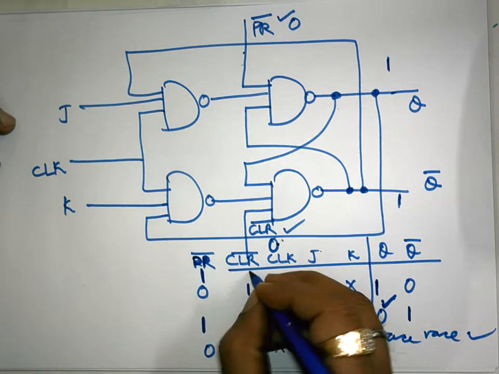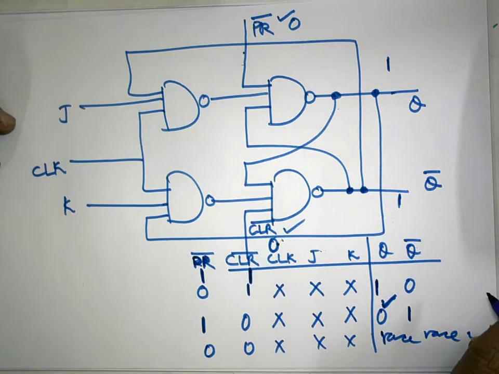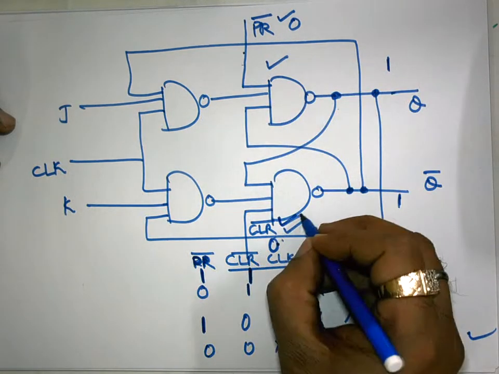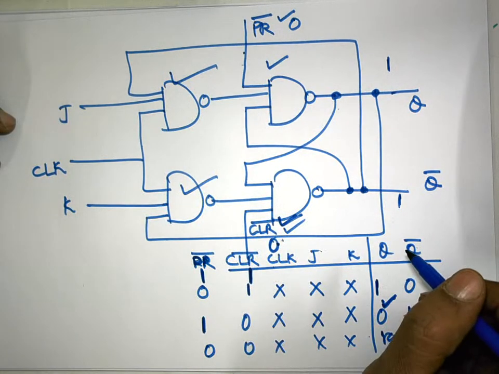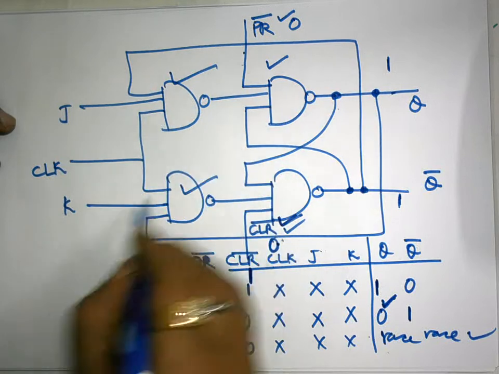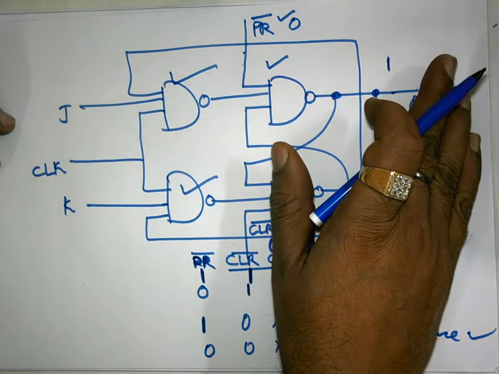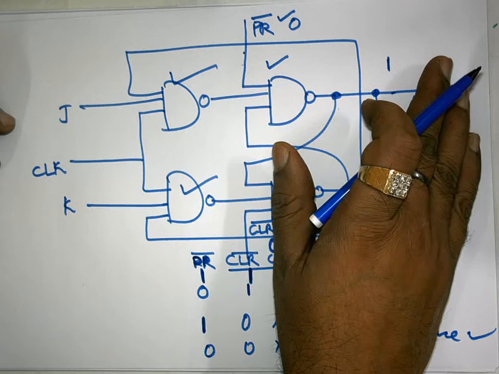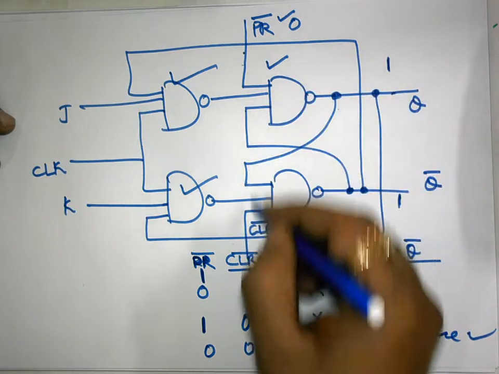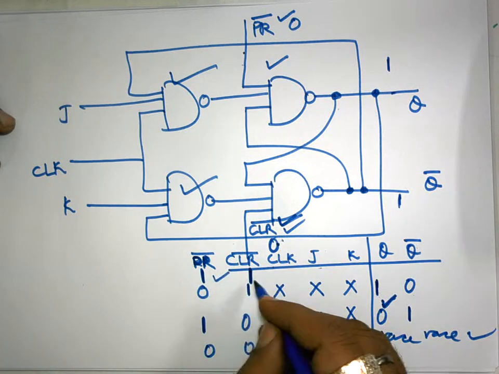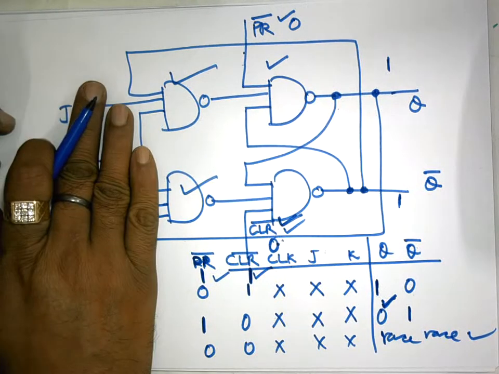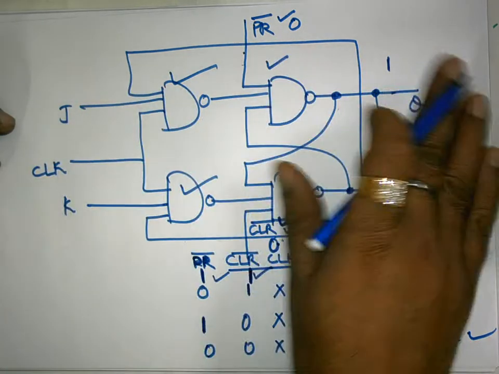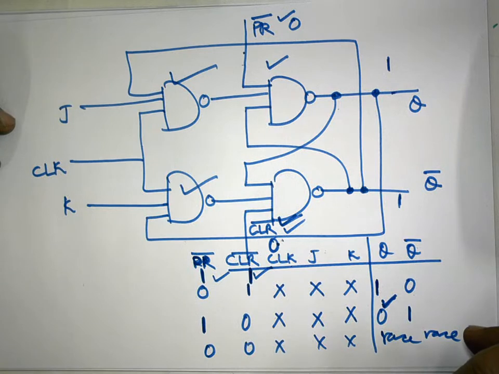But if 1, 1 appears over here, you see, now it is opening this channel for J and K to make any change to the output. Getting my point? So 1, 1 at the input preset and clear enables this total circuitry and enables the J, K and clock input to make any change to the output.